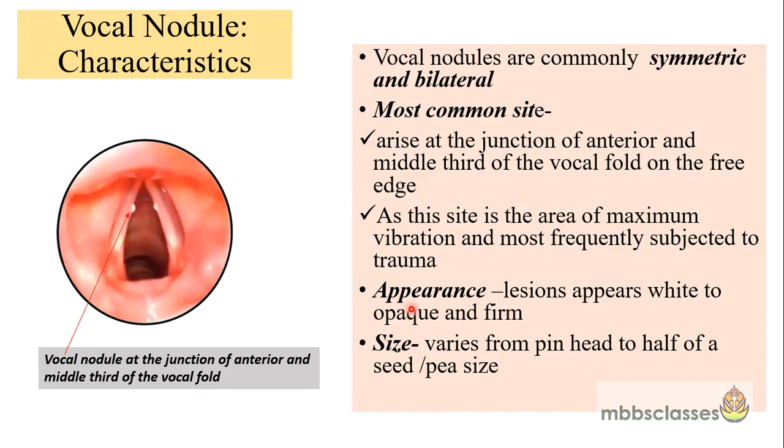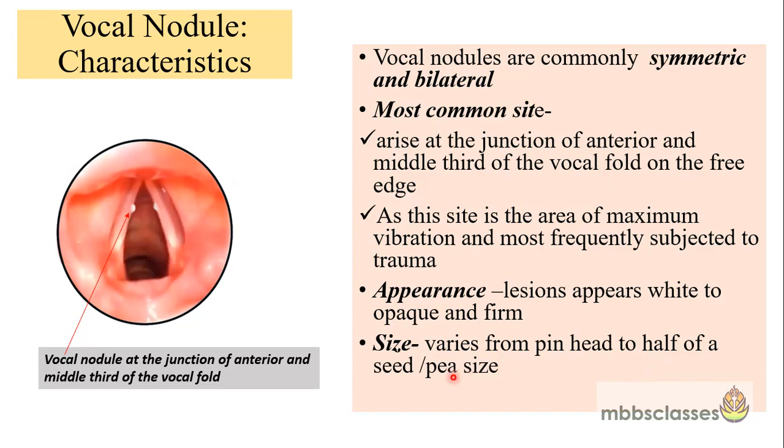How does it look? It appears whitish, or sometimes grayish in color, and it has an opaque and firm texture. The size may vary from a pinhead to half the size of a pea or a seed.